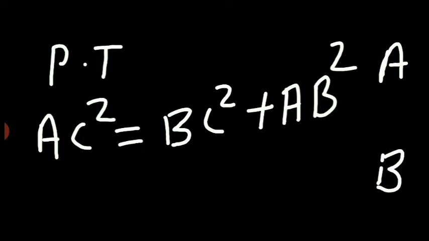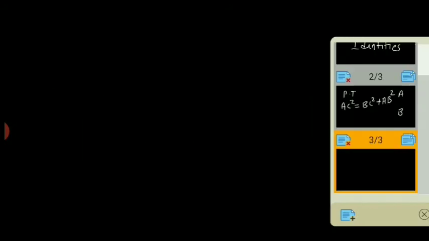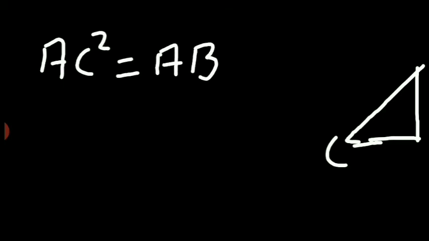We know it very well. So we'll see how we find the three identities by using the Pythagoras theorem. Simply we'll draw the same triangle ABC, and we will write the Pythagoras theorem, that is AC square is equal to AB square plus BC square.